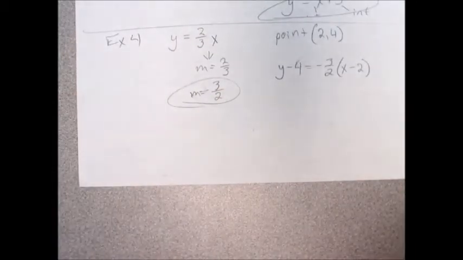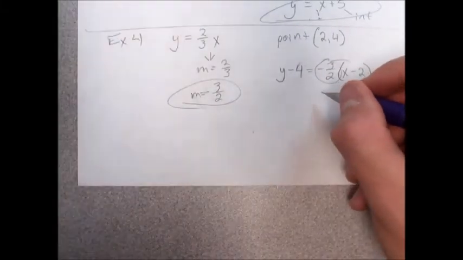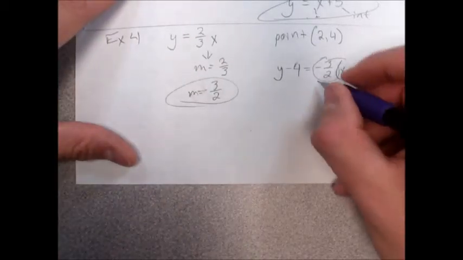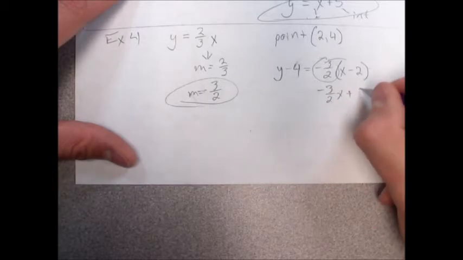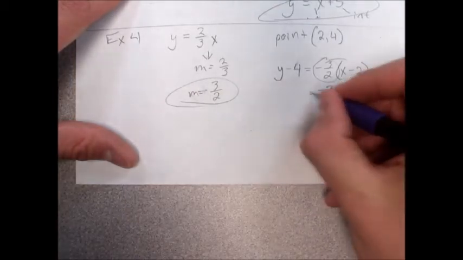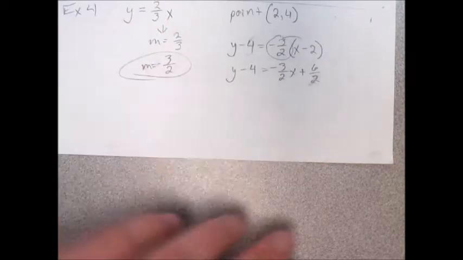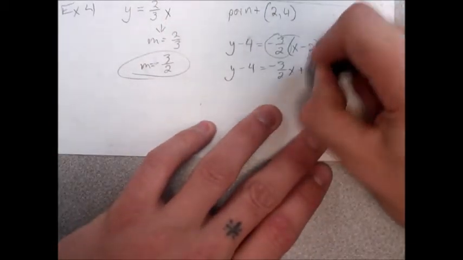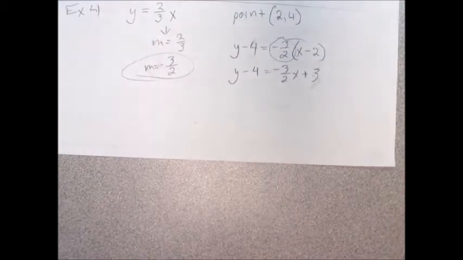Okay, if it tells you to leave it in point slope form, you don't have to do anything else. But in the event that it doesn't, let's go ahead and solve it for y equals mx plus b, your slope intercept form. So I get negative 3/2 x plus 6/2, which will reduce down. Okay, 6/2 reduces down to what? 3. Positive 3, right? So this problem, even though it had a fraction in it, is not as hard as I might have made it seem.